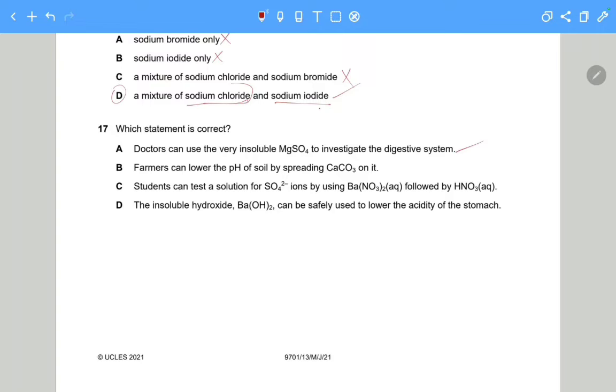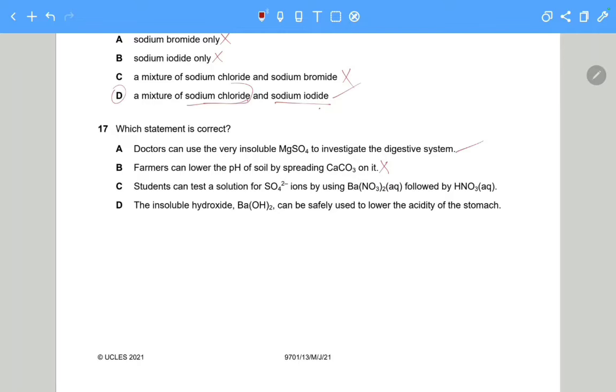Option B, farmers can lower the pH of the soil by spreading CaCO3 on it. This is wrong because calcium carbonate will react with acids in the soil, and that means the acid content of the soil is decreasing, and therefore the pH will increase, because remember, acids lower the pH. So if the acid content is decreasing, the pH will increase.